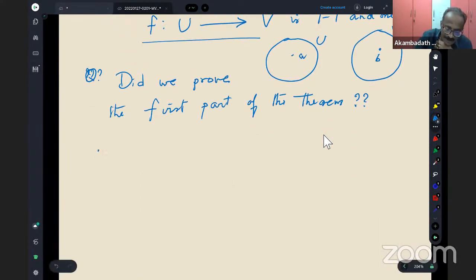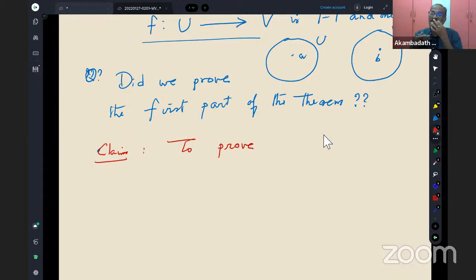The more important part of this result is the proof that V is an open set. That's not proved. Then you are done. Claim to prove. You see, the subtlety is coming. This is the way sometimes you think that the proof is complete, but that's not true. I never said that U to V is open.